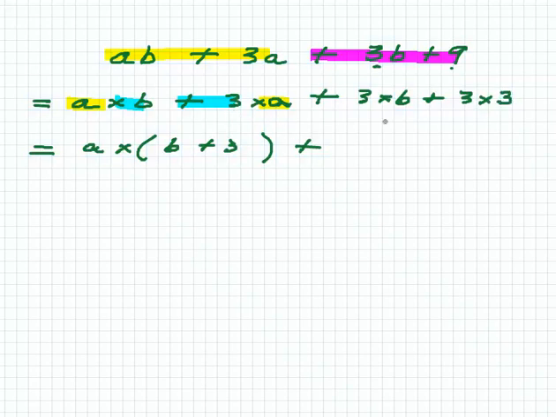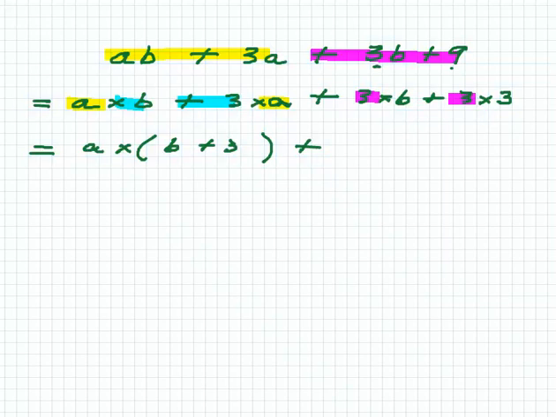Now, why did we do that? Have a look at those two terms, and hopefully it'll click and you'll go, oh, there's a common term. What's the common term? There's a 3 in both terms.